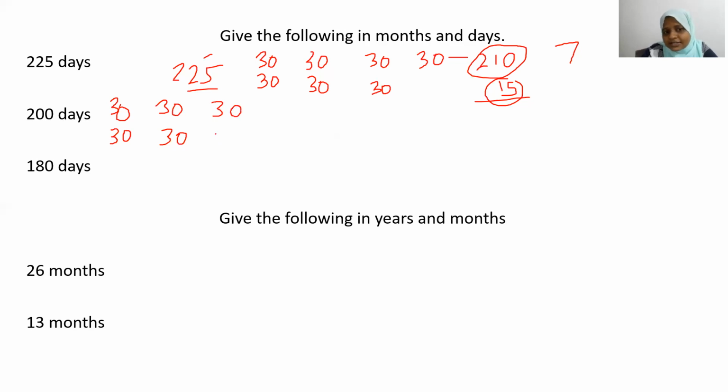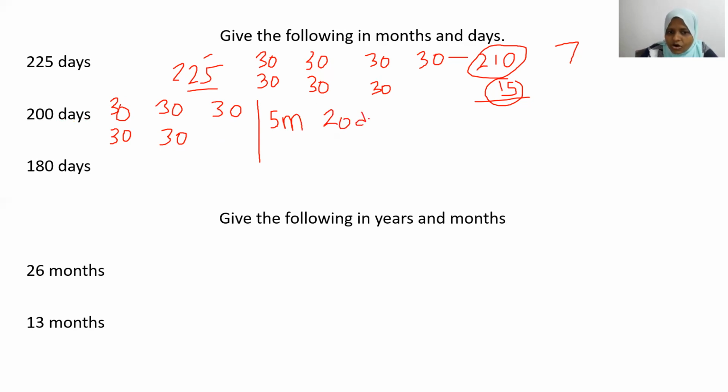If you put another 30, it will become 210. It will go more than 200, which we don't want. So stop there. Now, shall we count how many 30s are there? 1, 2, 3, 4, 5, 30s are there. So 5 months. So what is the remaining? 5 30s are 180, but here we have 200. 200 minus 180 is 20 days.